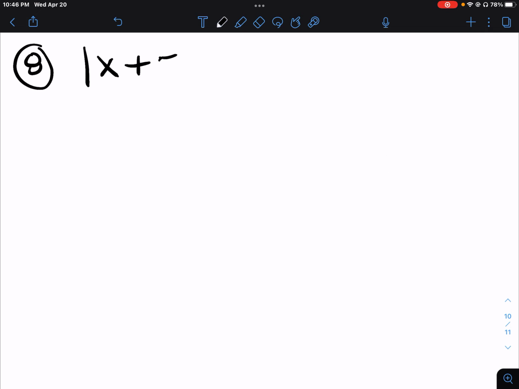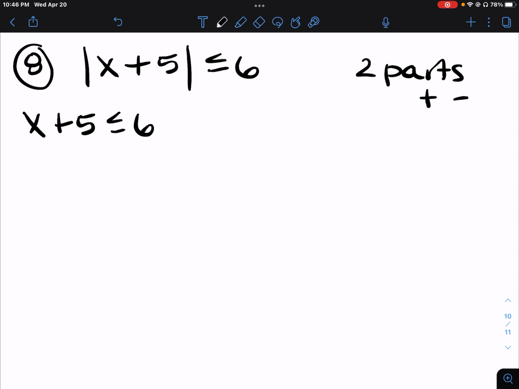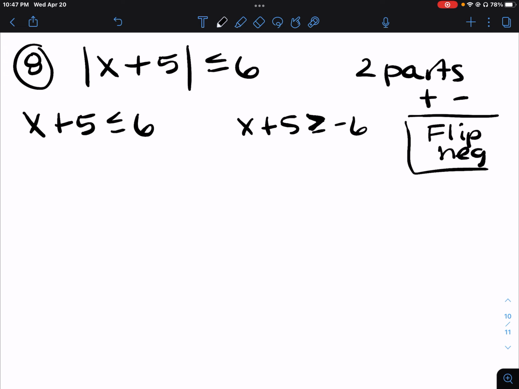Okay, absolute value, you split into two parts, positive, negative. You flip the symbol on the negative. Okay, less than is and.